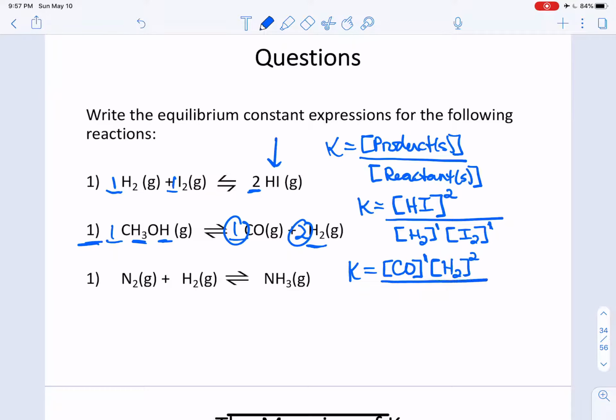And then we're going to divide that by the concentrations of our reactants. And we only have 1 reactant here, and that's methanol. So we have CH3OH, and we raise that to what power? To the first power, and we don't have to write that.